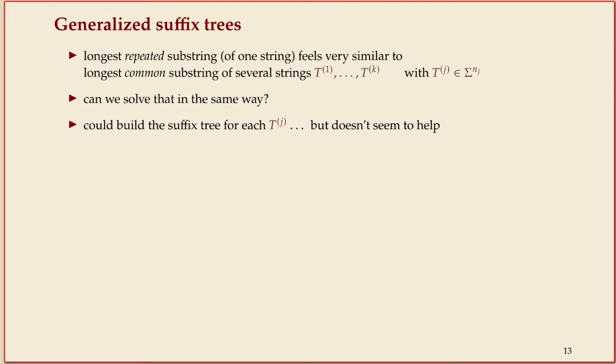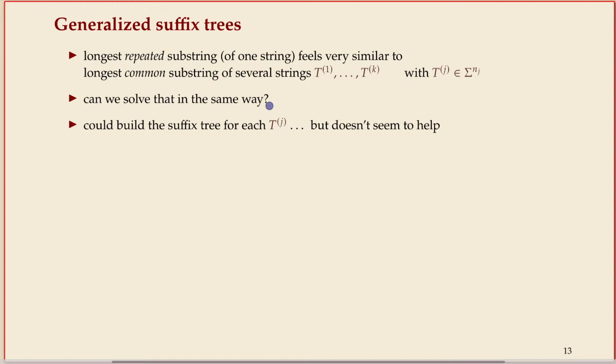Now this problem already feels somewhat similar to the motivational problem. A repeated substring in one large text is similar to having a common substring in several texts. It's not exactly the same, but at least you can maybe see that there's some similarity.